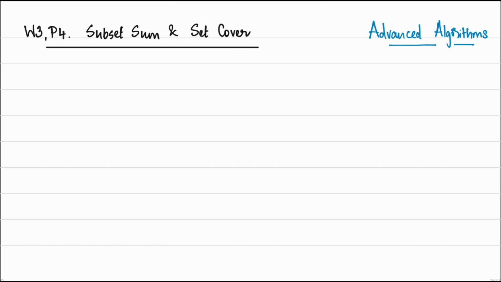So here again, the input is an array. Let me again denote it by A. And let's just say that this array consists of positive integers.